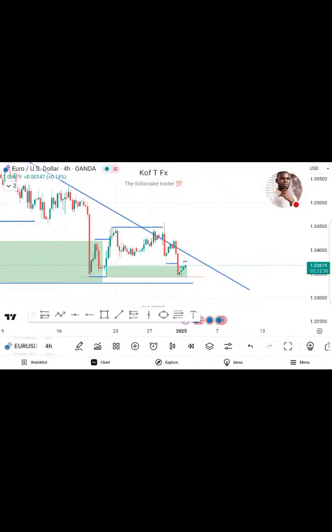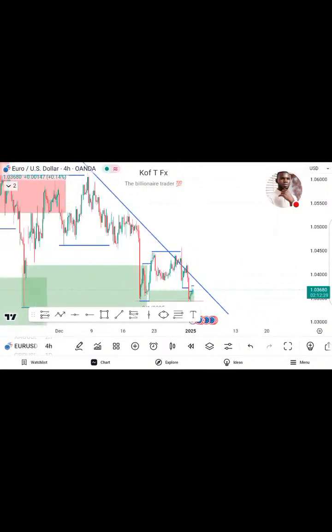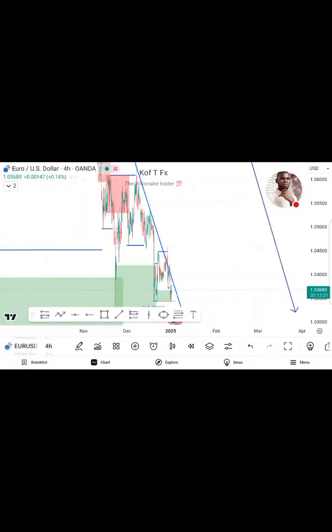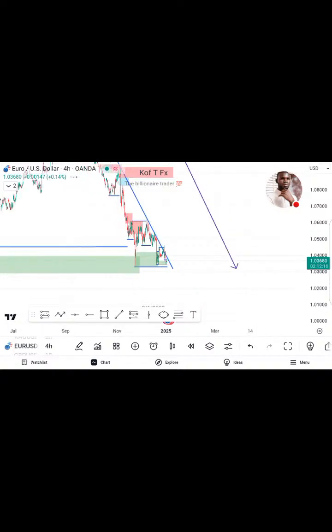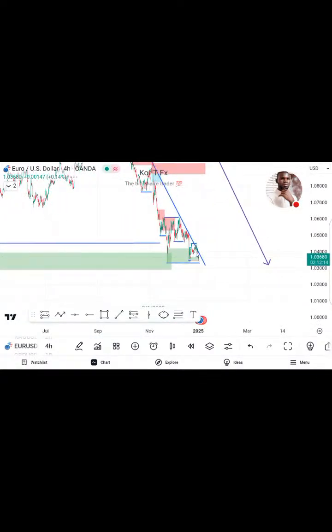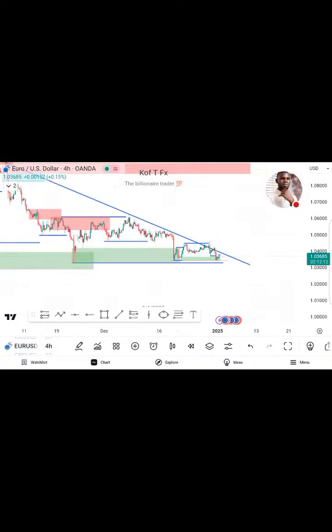So the top-down analysis is what actually informed my decision regarding this. If not for that, I would have been looking for something else. So with this, I have a clearer picture of what price is actually doing, understanding where price is coming from, where price is currently, and putting everything together to understand the buyers.